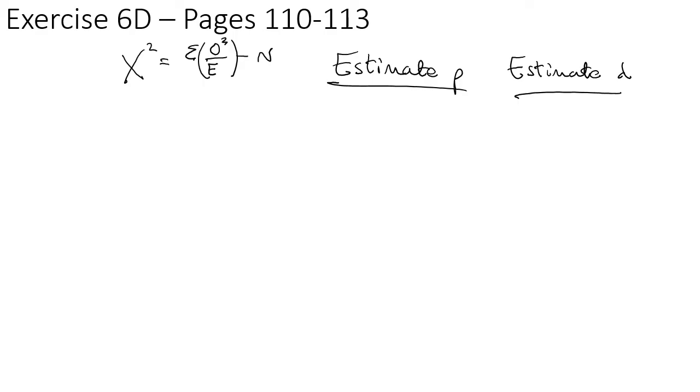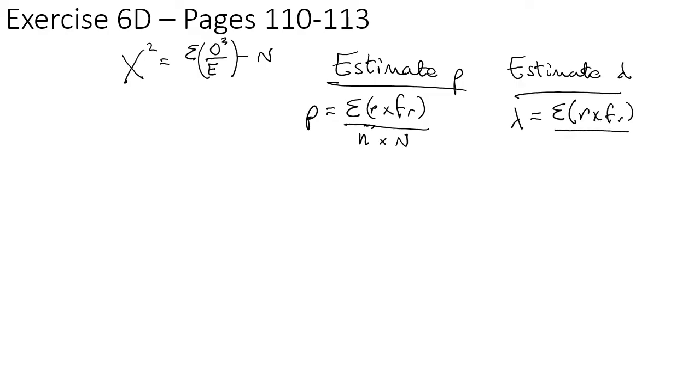So if I want to estimate p, that's going to be the sum of r times its frequency, so the outcome times its frequency, divided by the number of trials times n. If we need to estimate lambda, then it's very similar, but here we just divide by n, which is the number of observations.